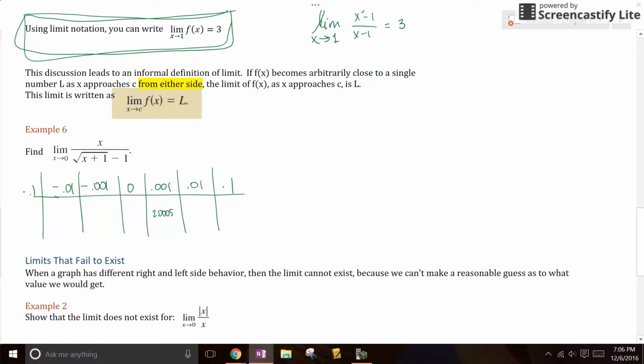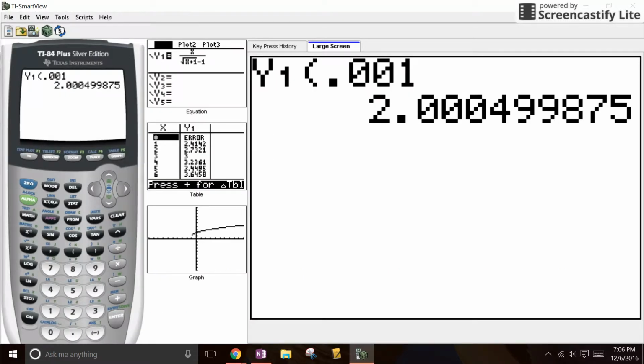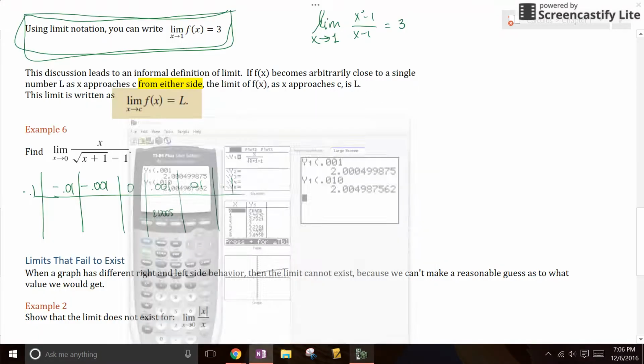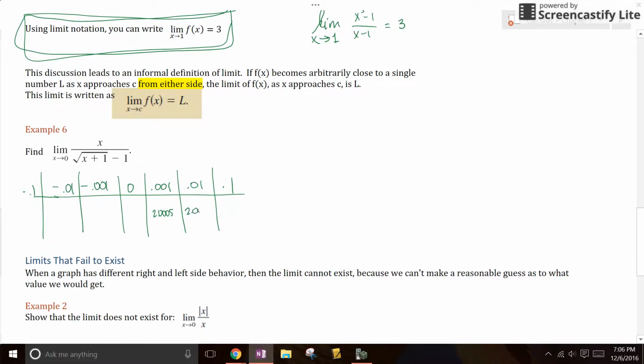And then if I do this again and I evaluate it at 0.1, I hit enter. You can see it's 2.005. And so if I continue to do this, I should be able to get a limit.